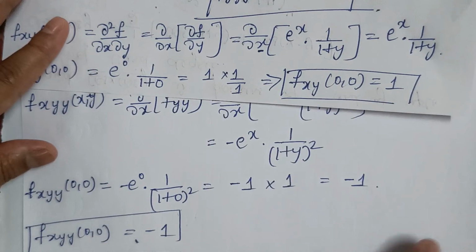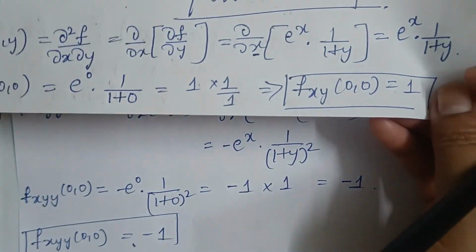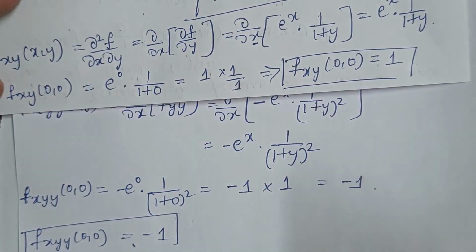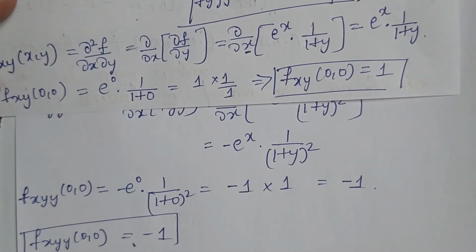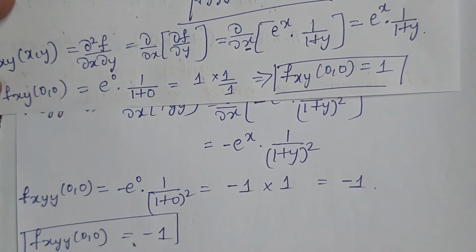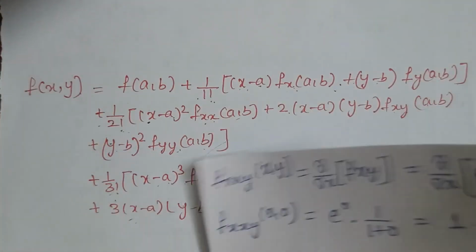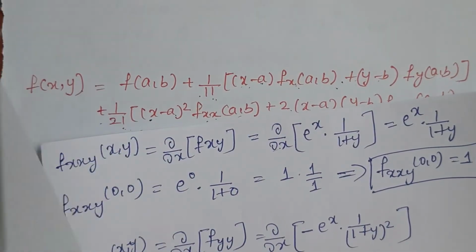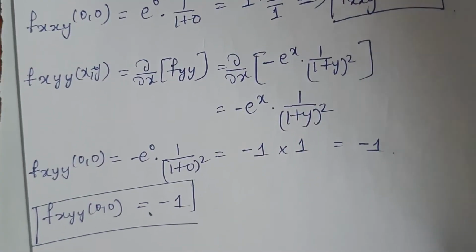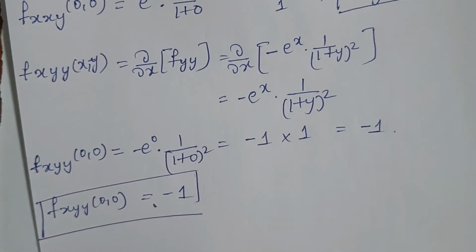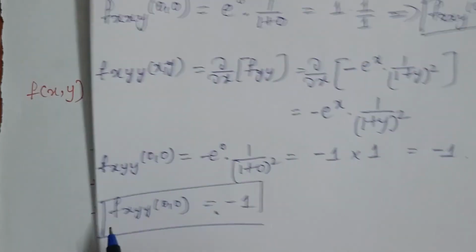Done. We have got all the required derivatives in order to substitute in the Taylor series expansion. So this is the Taylor series expansion. Using this we can substitute all the values. So what is f of x comma y?